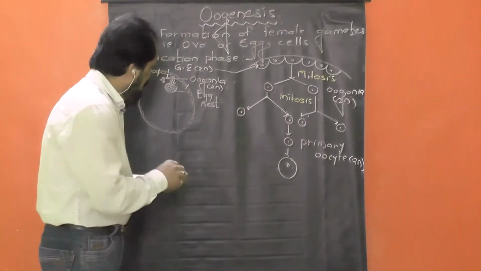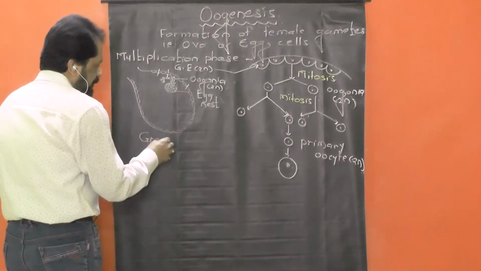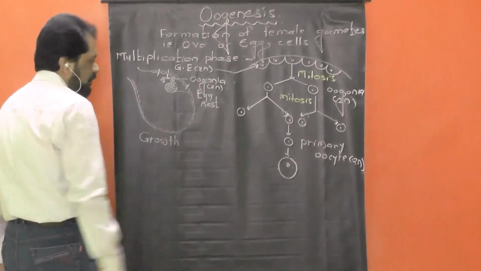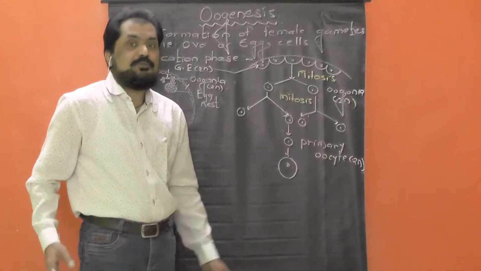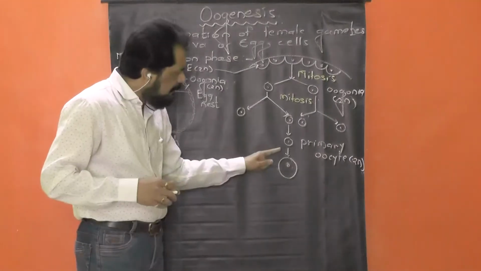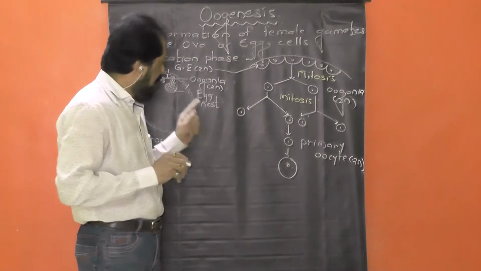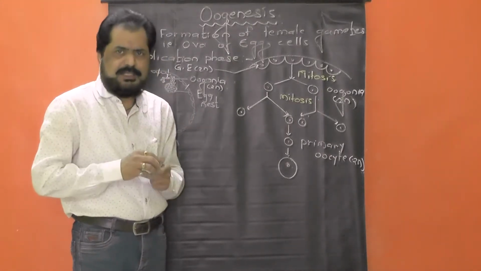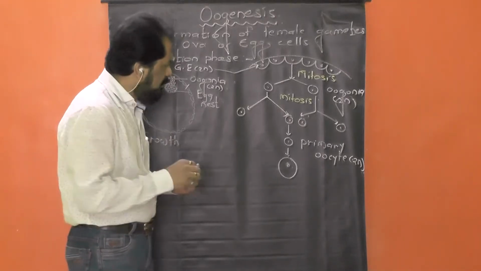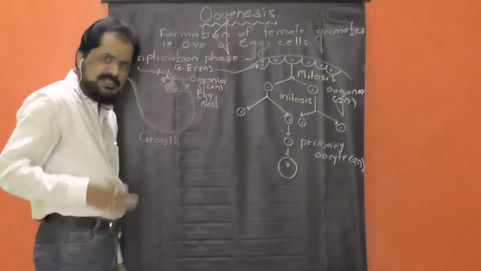This is called the growth phase. Actually, the growth phase is extended maybe up to 12 to 13 years. Now this primary oocyte is enclosed within the developing follicle: primordial follicle, then primary follicle, then secondary follicle. Here, this primary oocyte starts its maturation division.